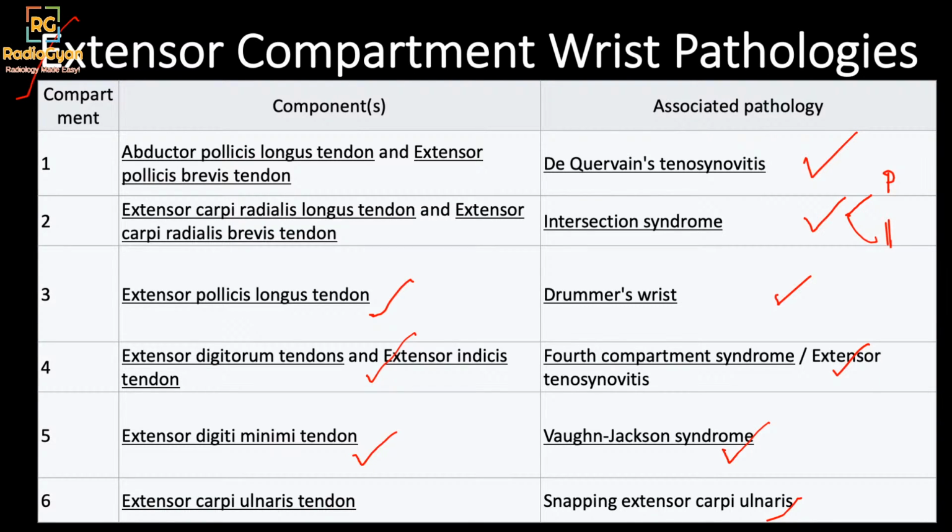So if you have to remember the tendons of the wrist, as long as you remember the anatomy, the pathology is very simple. We have a lot of bony protuberances on the dorsal aspect of the wrist, and there is not much soft tissue. So imagine traveling in a crowded train.